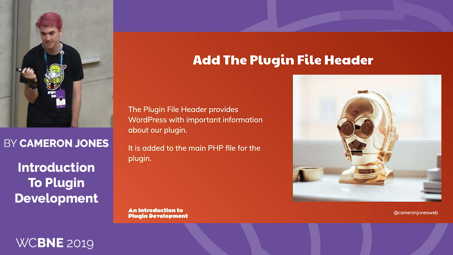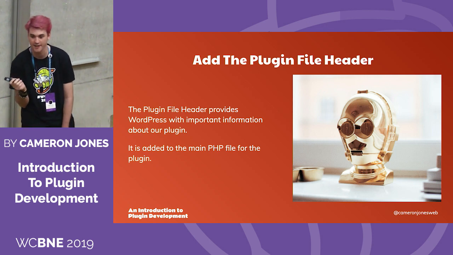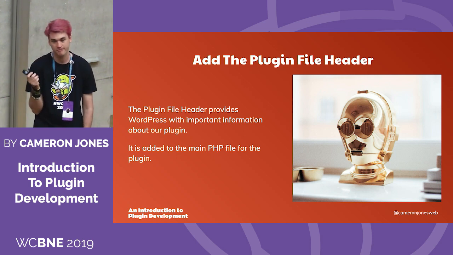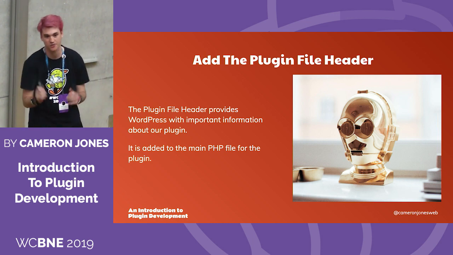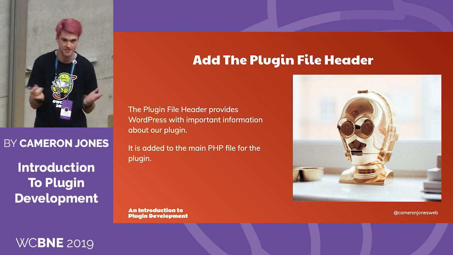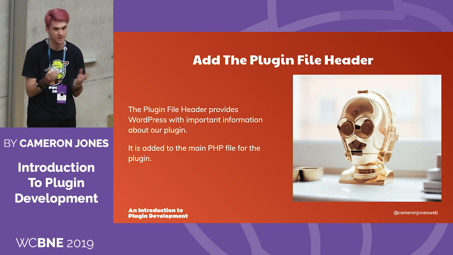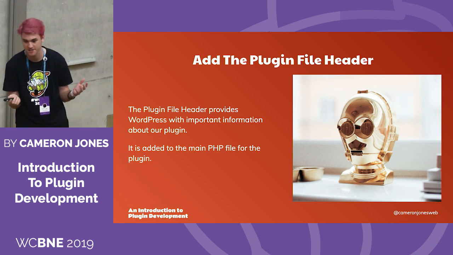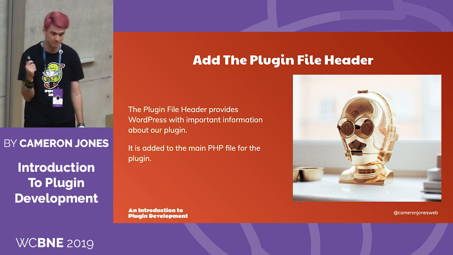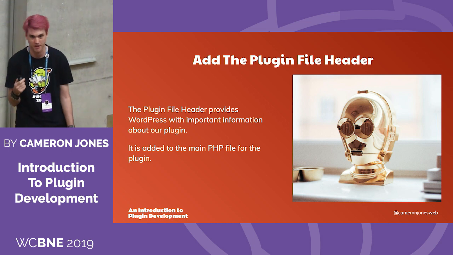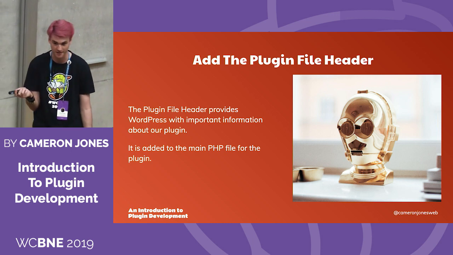And so next up, we're going to have to add the plugin file header. If you've added those files and you look at your plugins page in your WordPress dashboard, you're not going to see anything because WordPress doesn't know that it's a plugin yet. So this is what you add to the main PHP file in your plugin, and it has all the important information about your plugin to make WordPress understand that it is a plugin.